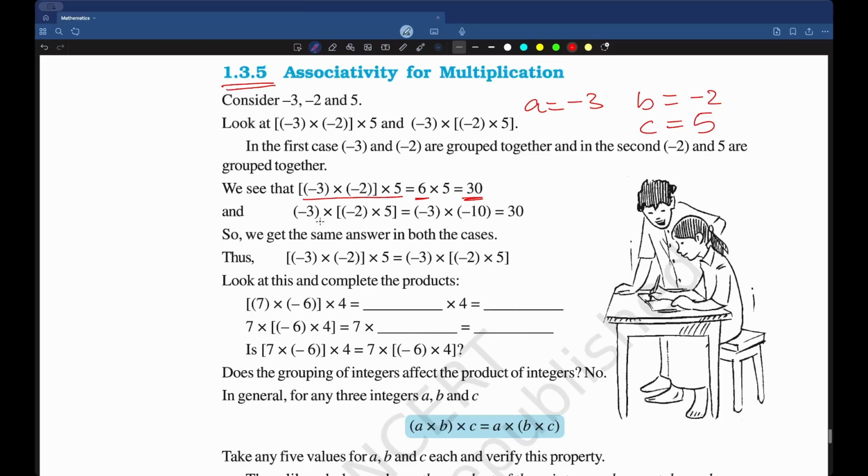Then right hand side, that is a into (b into c), they have plus into minus is minus, and 5 into 2 is 10, into minus 3, and minus into minus is plus, 3 into 10 is 30, that is LHS equals to RHS.